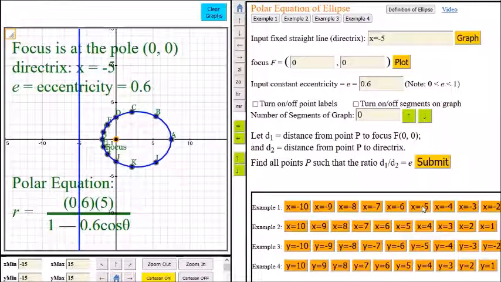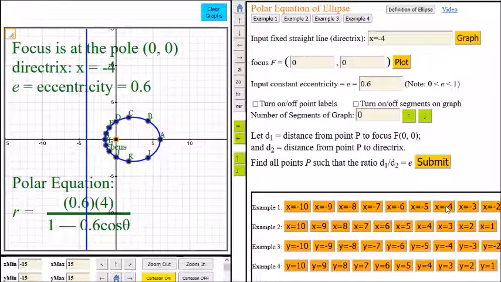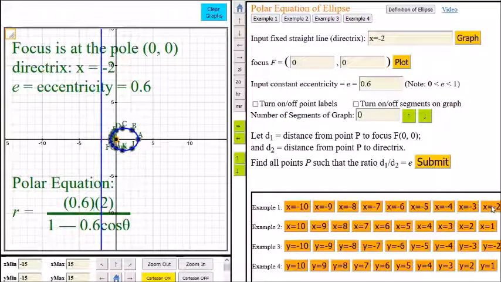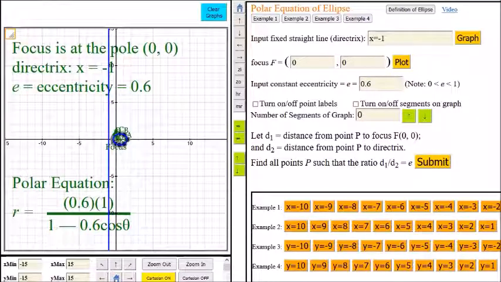This is directrix x equal to negative 5, so we get a 5 here. This is directrix x equal to negative 4, so we get a 4 here. Directrix x equal to negative 3, x equal to negative 2, x equal to negative 1.